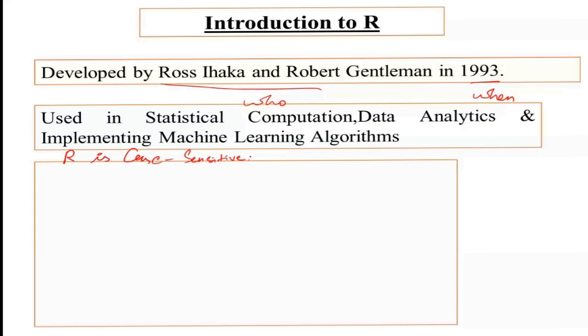Then you may get one question: if it is a bit better than Python, then why are people still using Python more than R? It is because R is completely focused on data analytics and machine learning only.